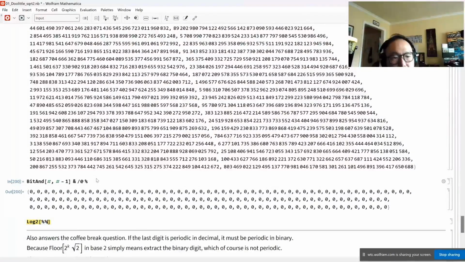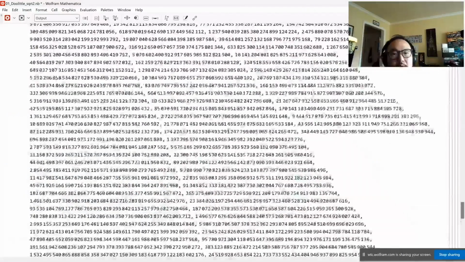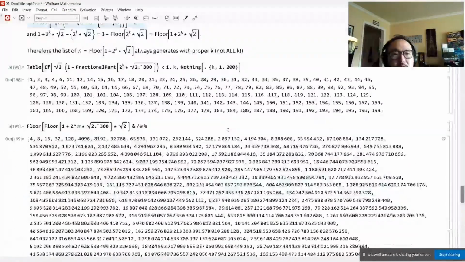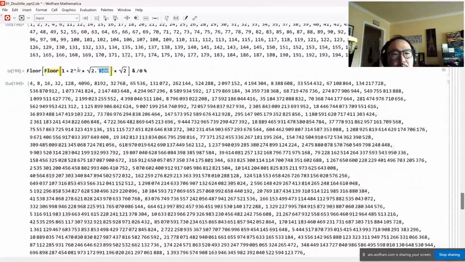So these are the powers, from 2 to the power of 2 to 2 to the power of 199. You can go more and more, but you have to increase the precision here, because you need more decimal places to handle a much higher power of 2.